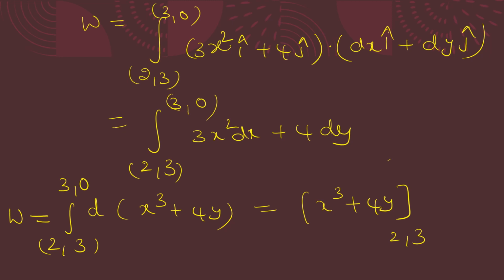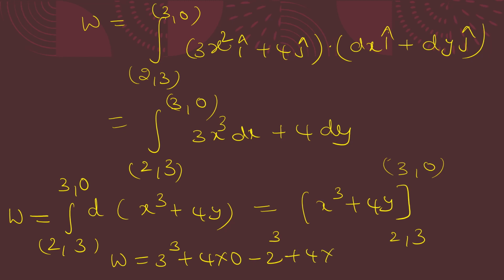Here x square into x is also x cube. Now applying the limits, work done W is equal to 3 cube plus 4 into 0, minus, upper limit minus lower limit, 2 cube plus 4 into 3.